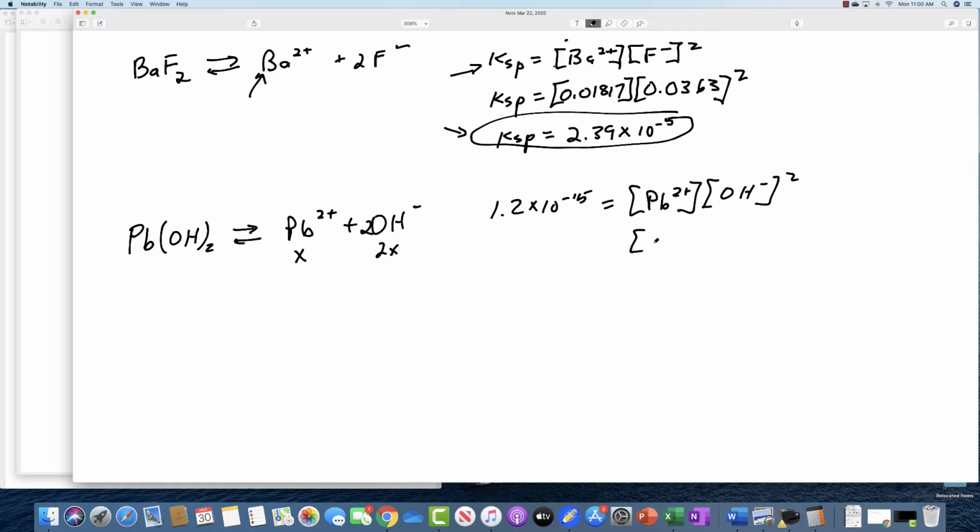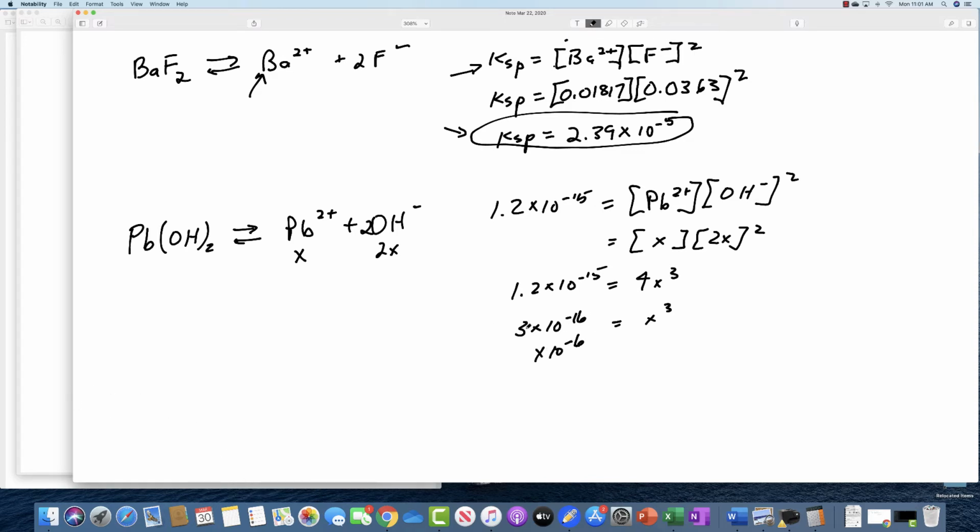We put X here and 2X here, and that's squared. And so this is going to equal 4X cubed is equal to 1.2 times 10 to the minus 15. And so X cubed is going to equal 3 times 10 to the minus 16. That's dividing both sides by 4.